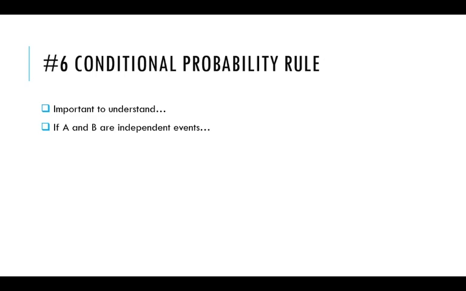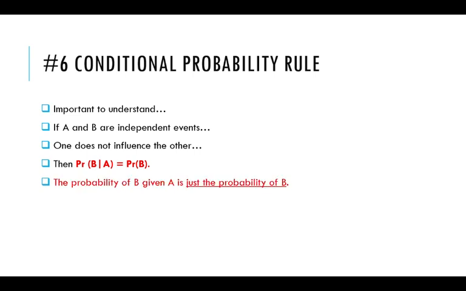If A and B are independent events, then that means one does not influence the other. So then let's think about this. If I wanted to know the probability of B given A, but they're independent of each other, it turns out that's just going to be the probability of B. In other words, the probability of B given A is just the probability of B. Now you might be thinking, wait, what?